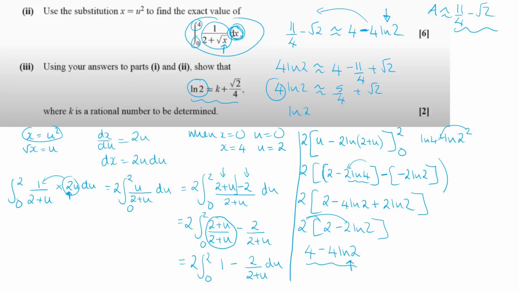The ln of 2 is approximately equal to 5 over 16 plus root 2 over 4. So here my k is equal to 5 over 16.